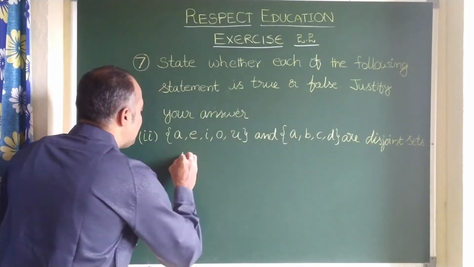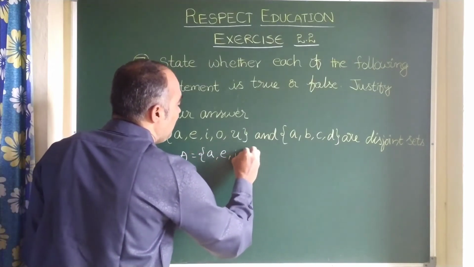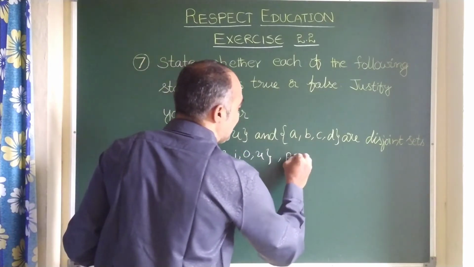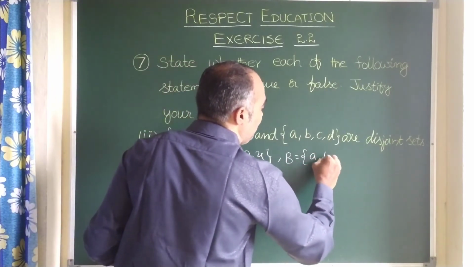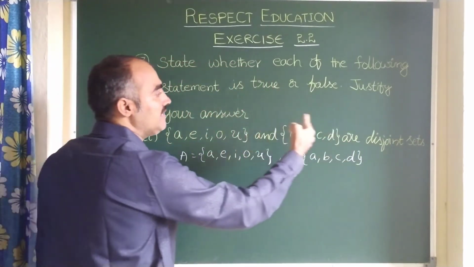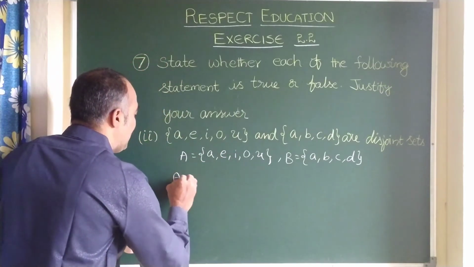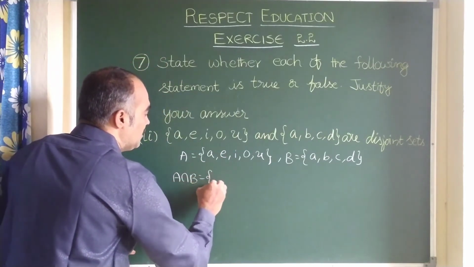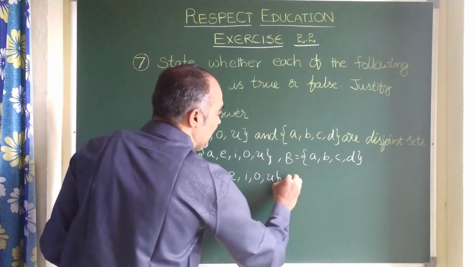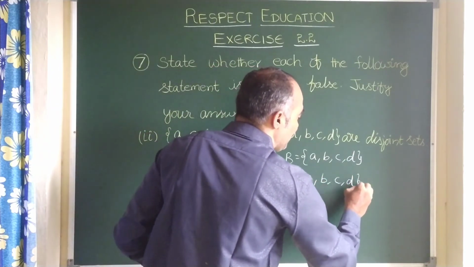So you take the first set as A, E, I, O, U, and the second set as B, that is A, B, C and D. To verify whether they are disjoint sets, we need to find their intersection. So let us find now A intersection B. So A means A, E, I, O, U intersection A, B, C, D.